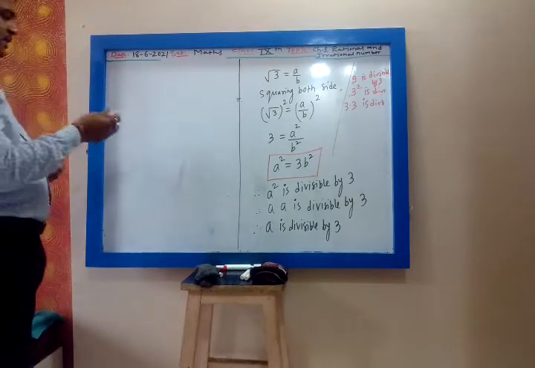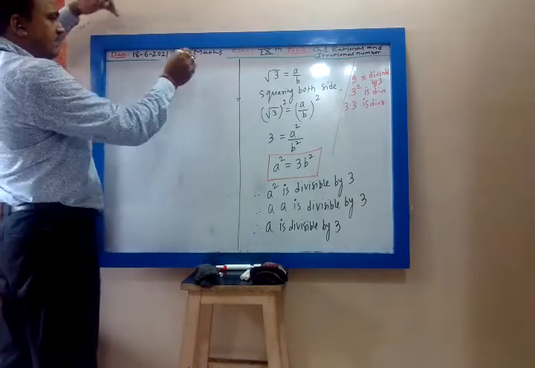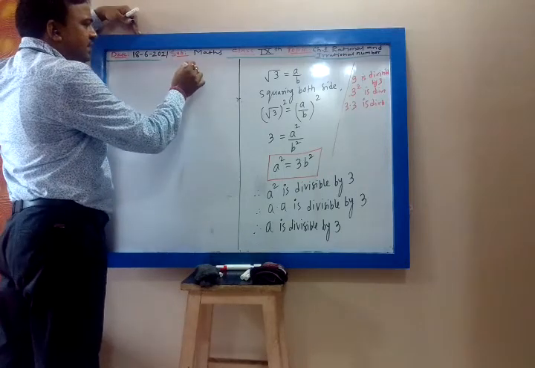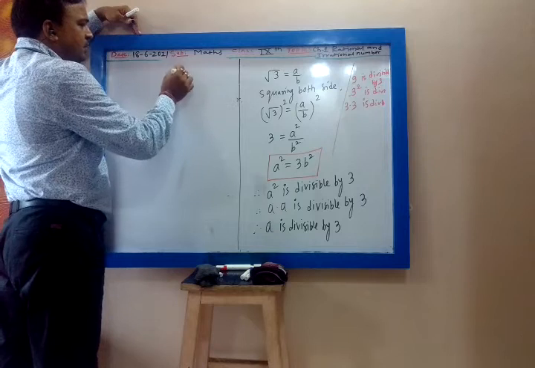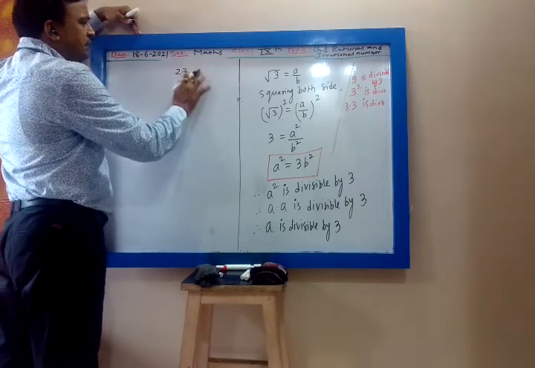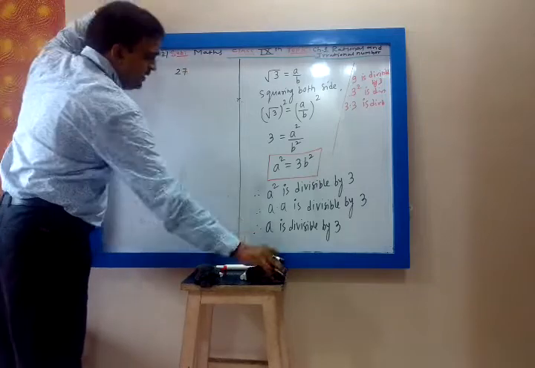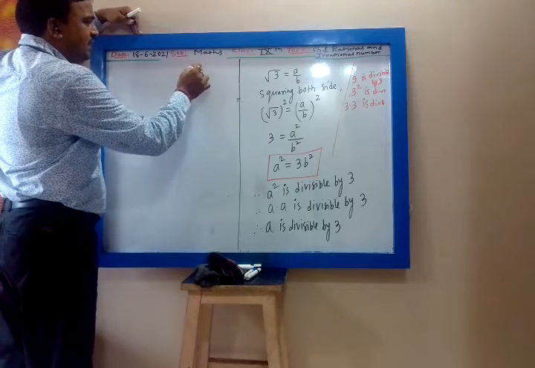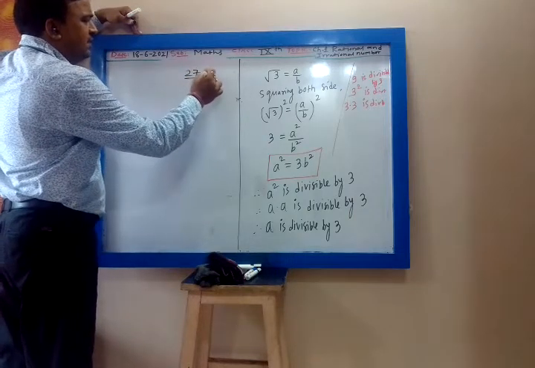So A is divisible by 3. Now see this part. A is divisible by 3 means, let us take 27. 27 is divisible by 3. If you divide 27 by 3, what do you get? 9.